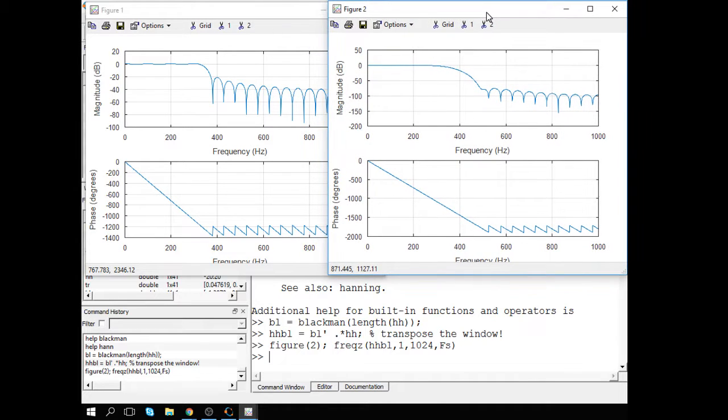But of course there's always a cost. Whenever you have a smoother window shape, the stop band attenuation gets better, but every time you are also widening the transition bandwidth. To get the transition bandwidth back, you need to make the window wider. But we have total control of everything here.